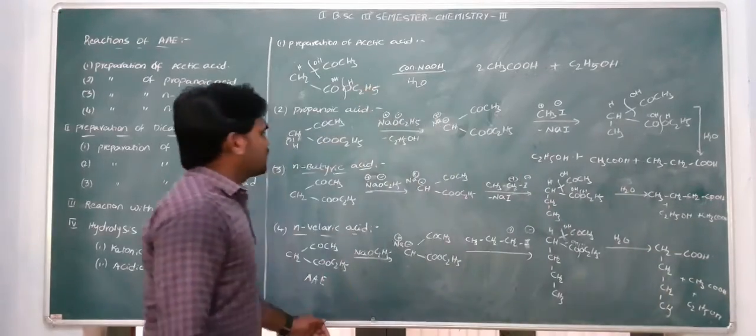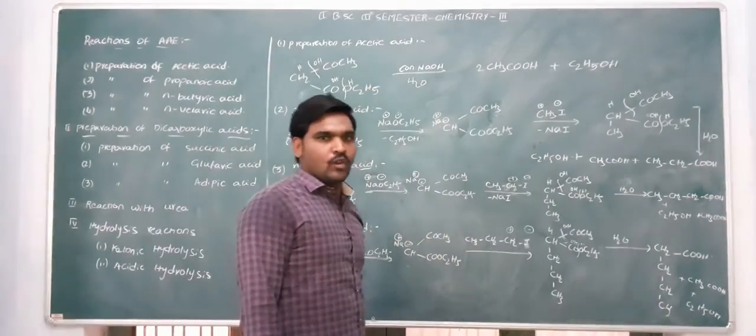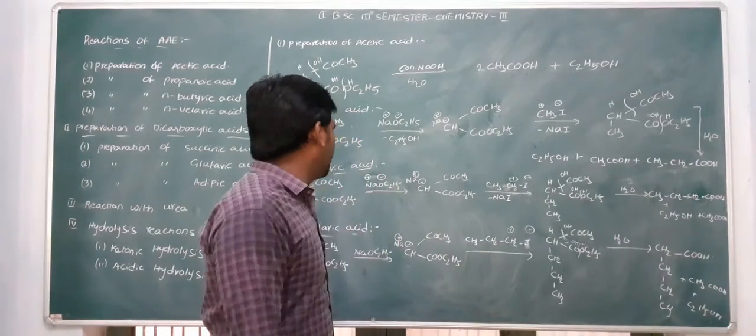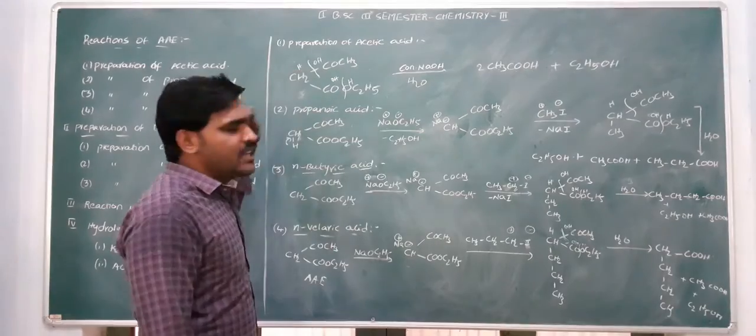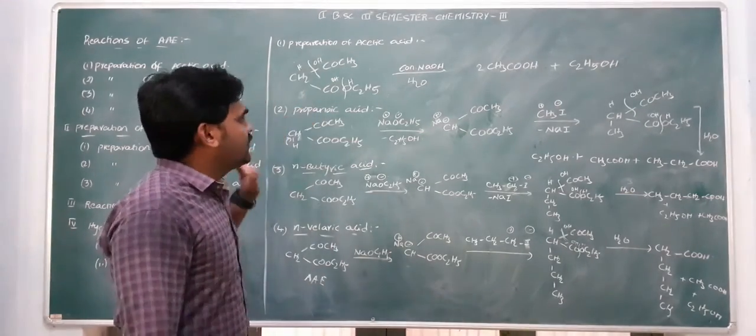These 4 compounds contain only one COOH group. So these are called monocarboxylic acids, prepared from the acetoacetic ester completely.